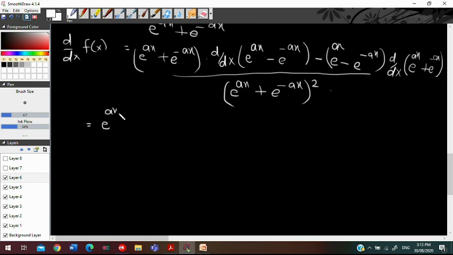Exponential of ax plus exponential of minus ax into, here we have these two terms.